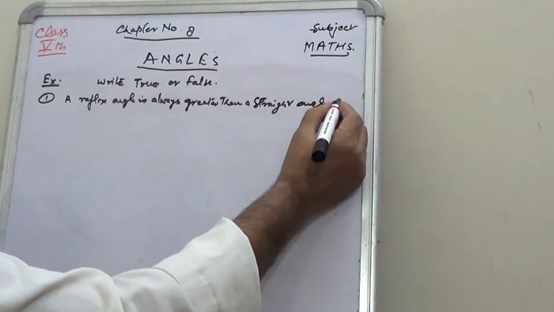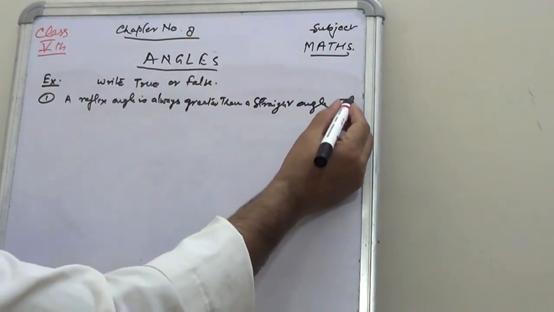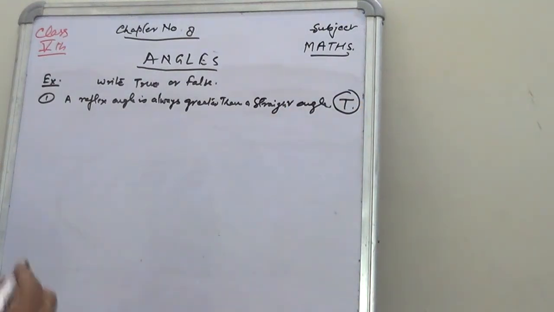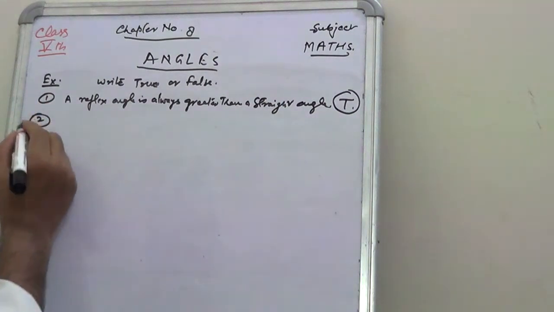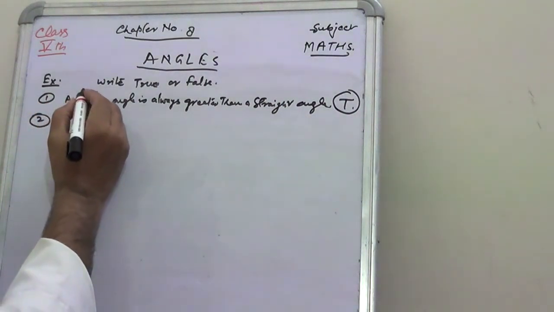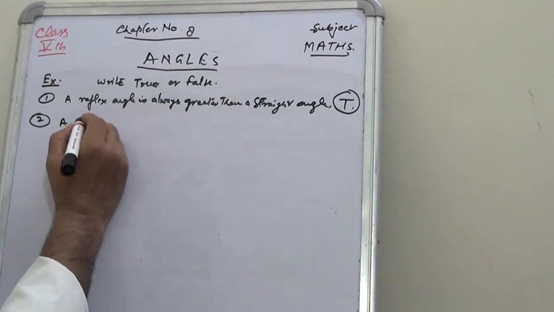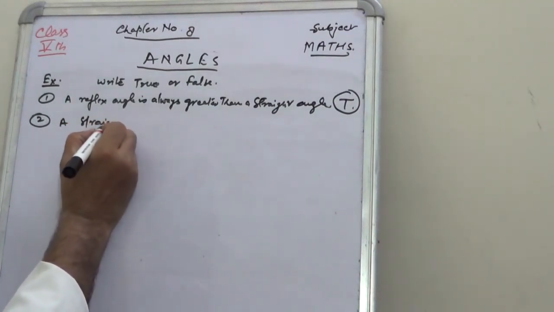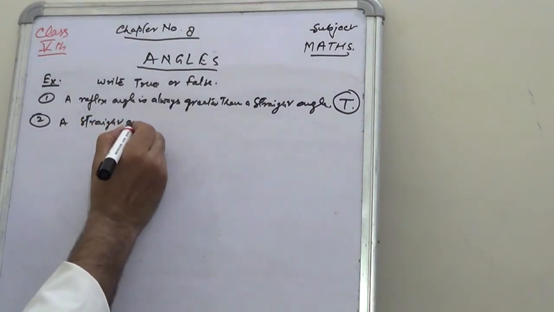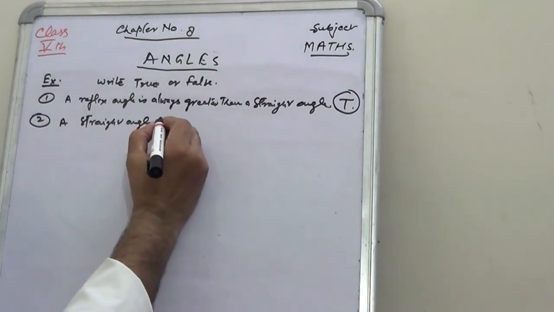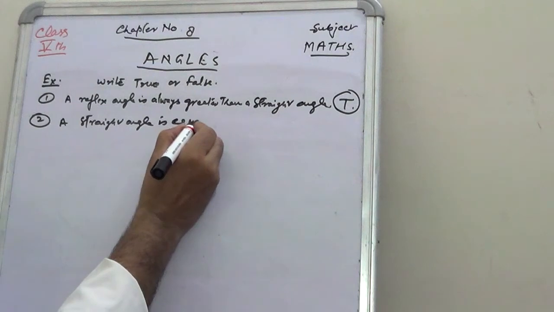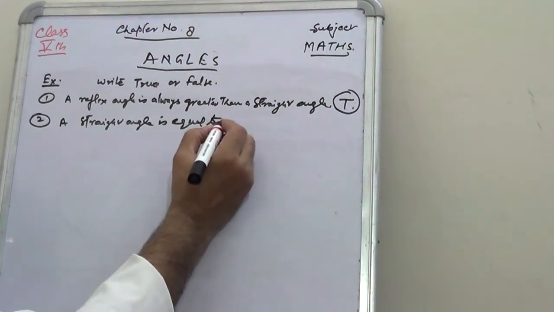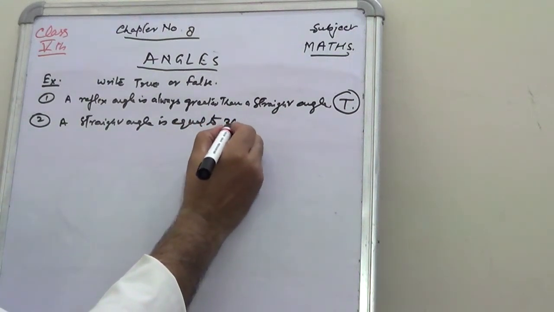This statement is naturally true. And the second type of question that is asked is, a straight angle is equal to 360 degree.